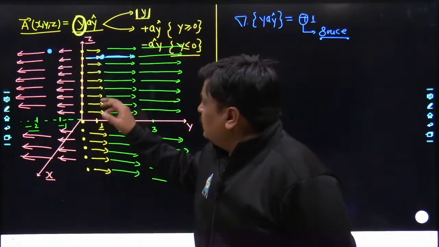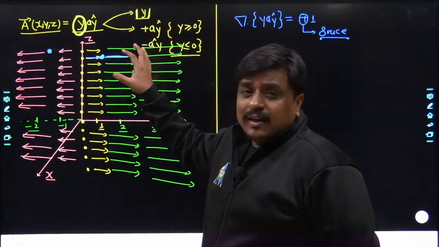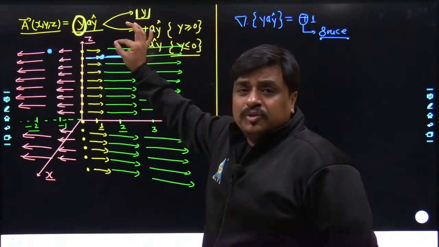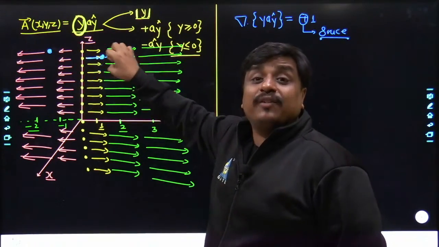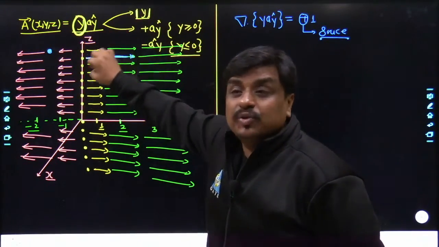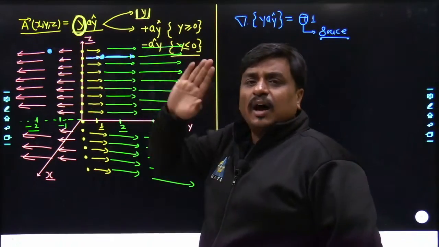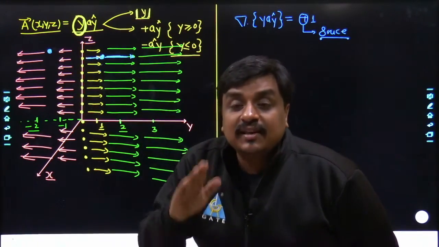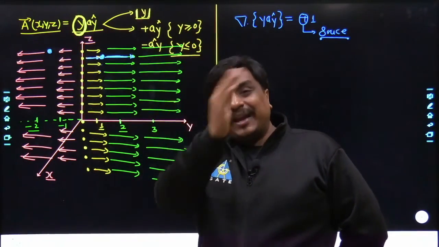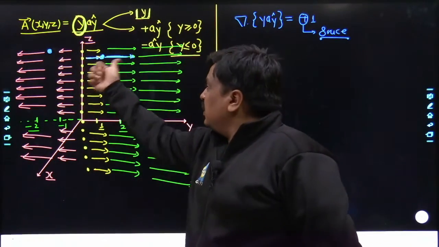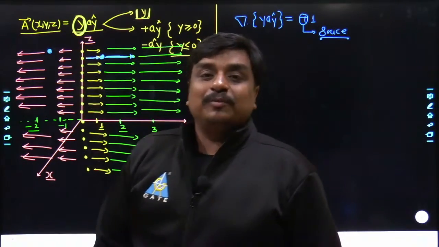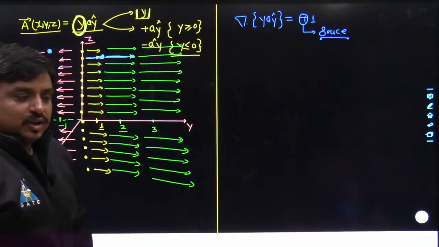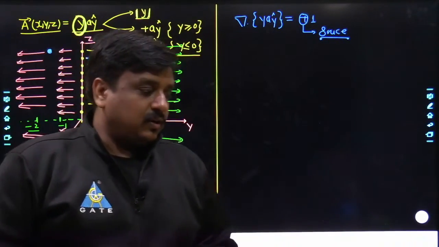You can see very well, at least over the y cap, anywhere over the 3D space, if you observe how much magnitude has come in and how much has gone out, you will see the amount which has come in is lesser in strength, and the amount which has gone out is higher in magnitude. What does that mean? That means outing is more than inning, put together it's sourcing. Agreed?